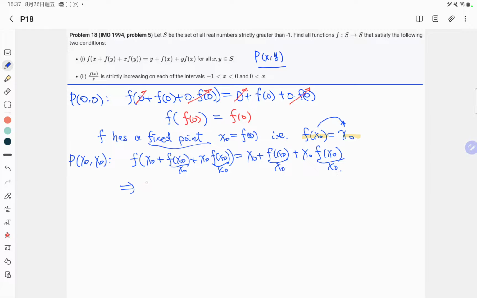We can quickly find that f evaluated at 2x_0 plus x_0 squared equals 2x_0 plus x_0 squared, which means that x_1 equals 2x_0 plus x_0 squared is also a fixed point.